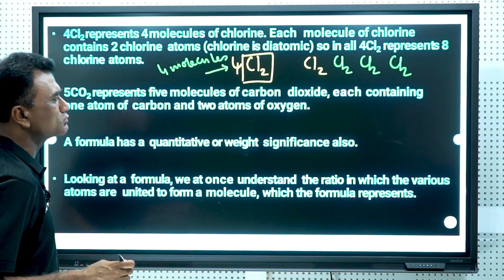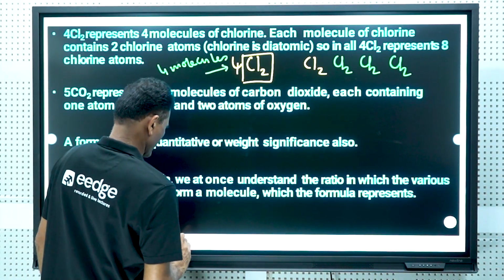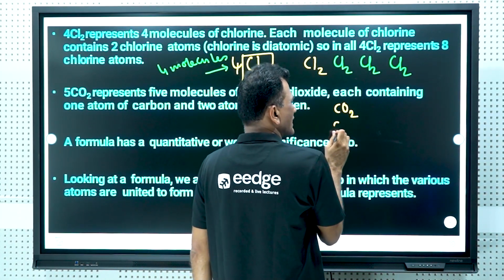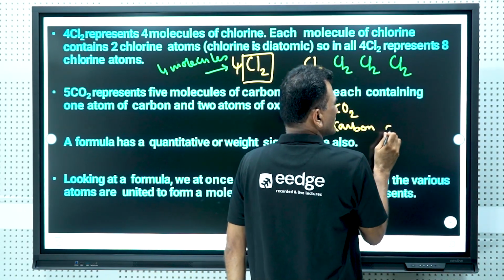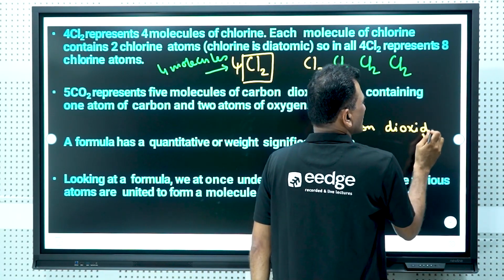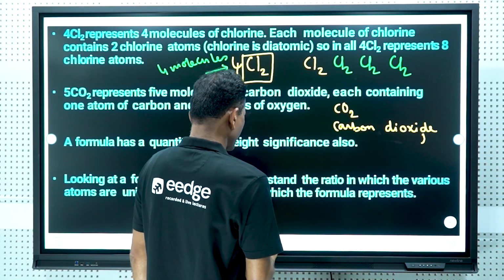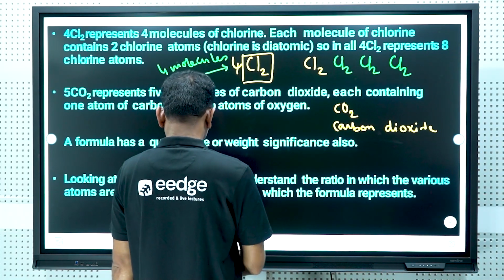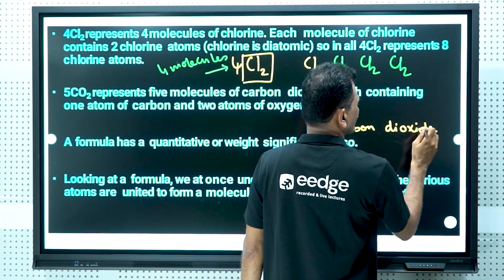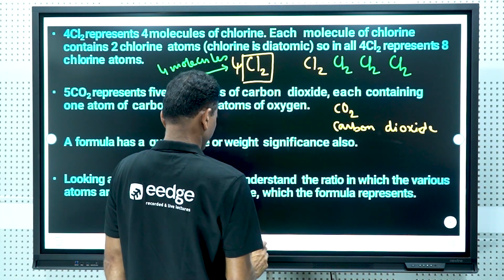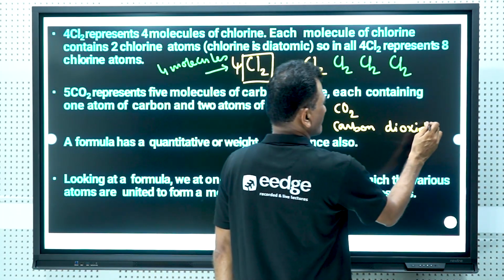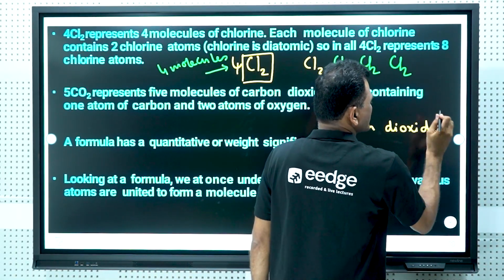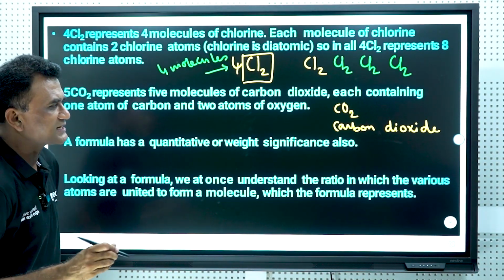Then we write 5CO2. Now CO2 is carbon dioxide, right? Carbon dioxide. The formula of carbon dioxide is CO2.